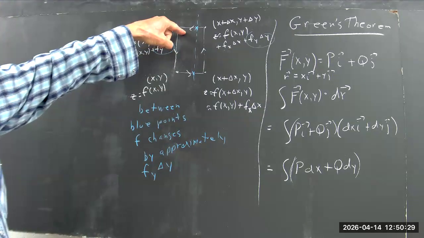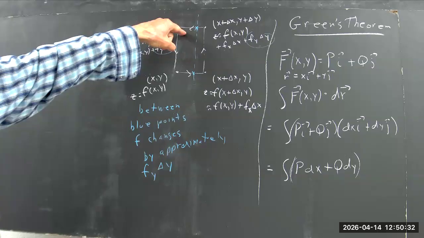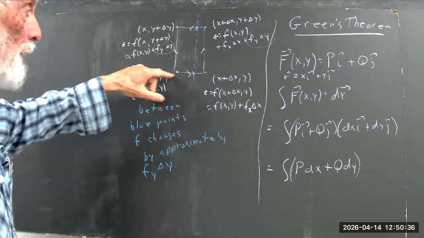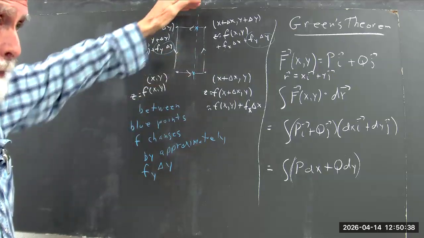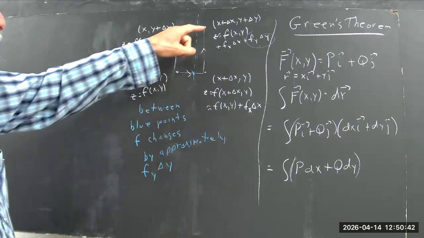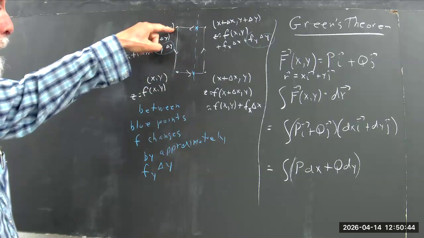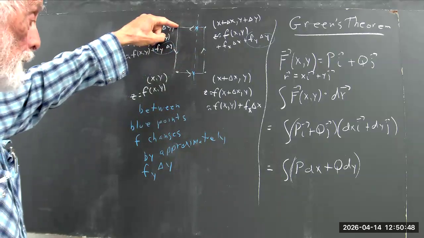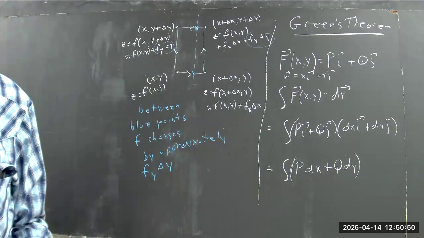On the one that goes to the left, the values of f of x are pretty much the same as they are down here, but they've changed because f is changing in the y direction. So the part of the integral I get along here is going to be whatever the length of the interval is times fy delta y.